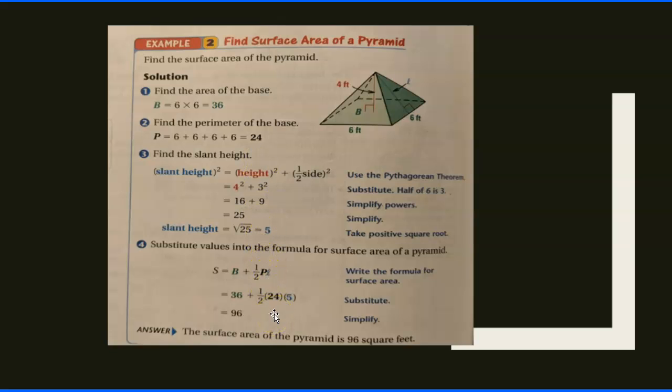And so I put everything in. The P and the L is 24 and 5. I do all my multiplication. I add everything up and I come to 96. So my surface area is 96. My slant height is 5. And chances are on an exam I will have you label the slant height so that then you can go on and find the surface area.